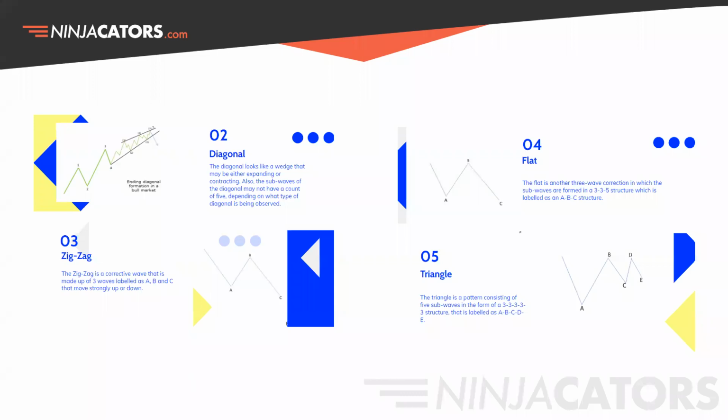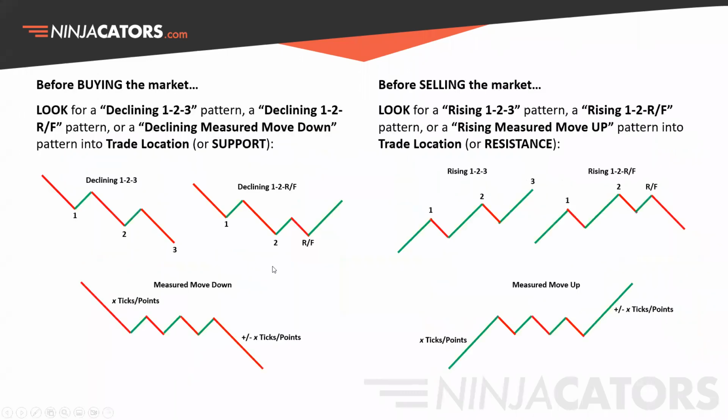While having a good understanding of all this is helpful, you don't need to know all the ins and outs of Elliott Wave theory to be successful, guys. All I do and all you have to do is look for and focus on 3 patterns. Okay. And this is it.